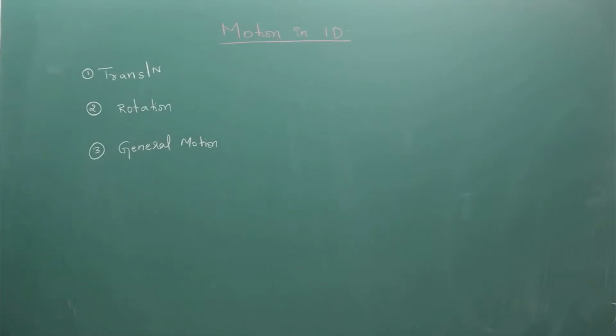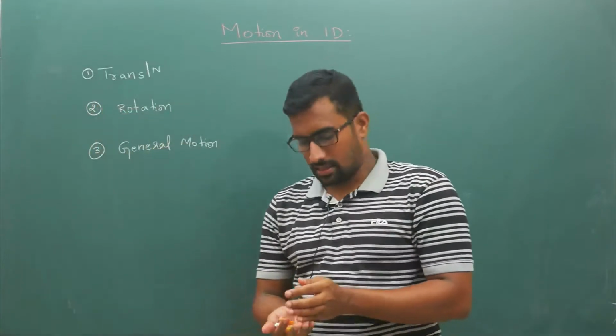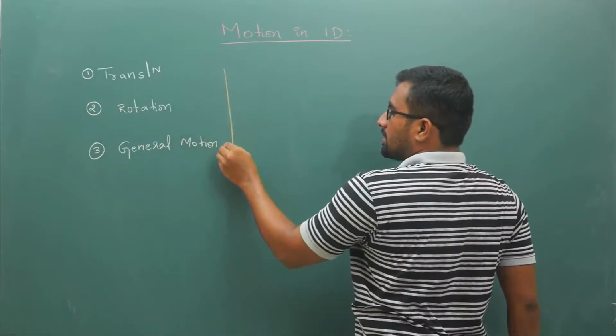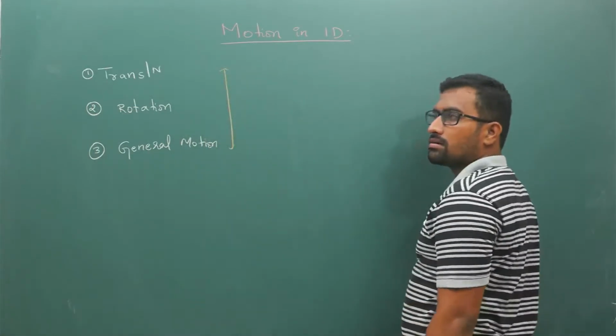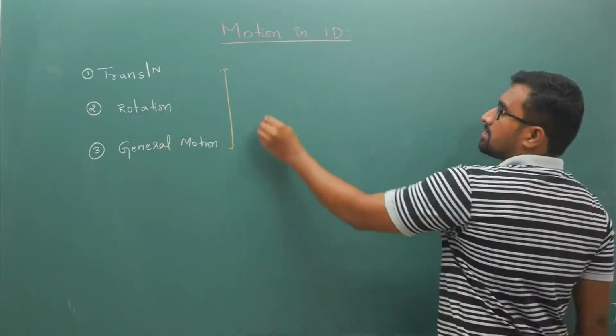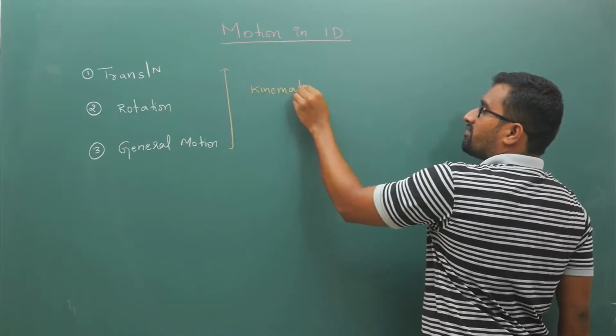Okay, now for each of these there are two main aspects. One is the kinematics part and other one is dynamics part. Okay, so kinematics part and dynamics part we'll do for these kinds of motion. Kinematics in the sense, okay, without talking of force.